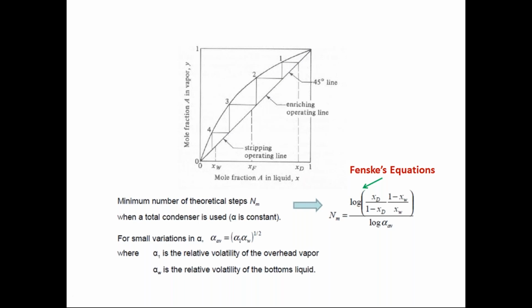That says that, for example, for a given system, if you are given XD and XW, and the system gives the XY data, and you know the total reflux condition, the operating line will be the 45 degrees diagonal line on the XY diagram, that is called the McCabe-Thiele diagram. Then you know the distillate quality XD and the residue quality XW. So XD and XW are specifications for the separation of a system which is given to you. Then you can just see how many minimum number of plates are required for such a system.